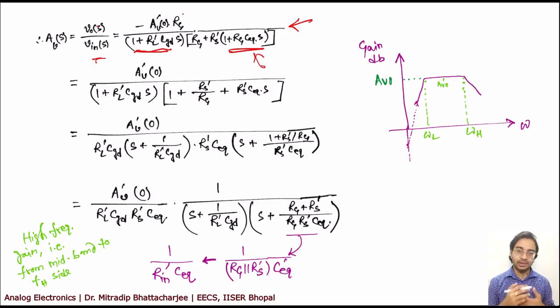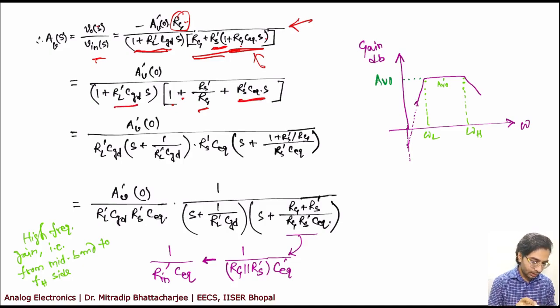Now just doing some algebra, put this Rg in the denominator and you will find that this particular term becomes 1 plus Rs' into Rg, and then Rs' Rg C equivalent into S divided by Rg, that will cancel out Rg, so it will come as Rs' C equivalent into S. Now take RL' CGD in common from this, so it will be S plus 1 by RL' CGD, and take Rs' C equivalent common from this, and it will be Rs' C equivalent S plus 1 plus Rs' divided by Rg, that means this term divided by Rs' C equivalent.